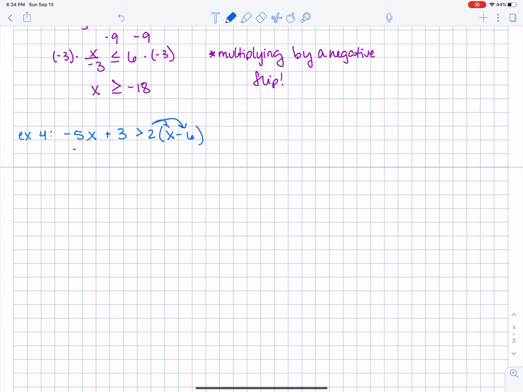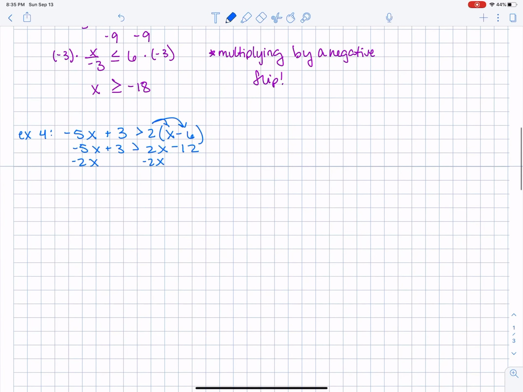We first need to distribute and combine like terms. So now we have 2x minus 12. So if you notice here, we could actually go ahead and add 5x to both sides and keep the x positive. But for our example here, I want to keep that coefficient negative. So this is negative 7x plus 3 is greater than negative 12.